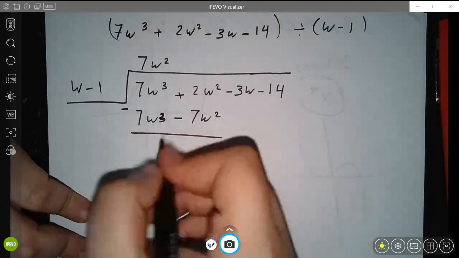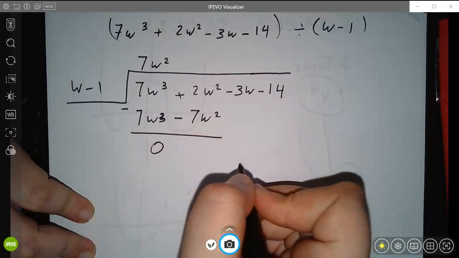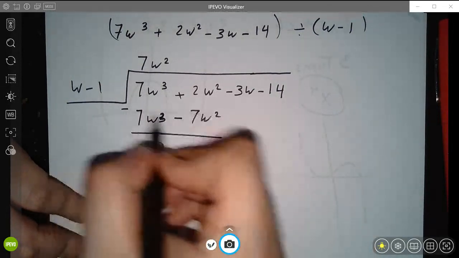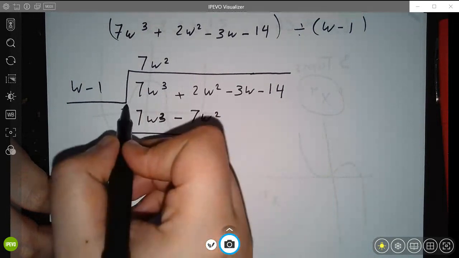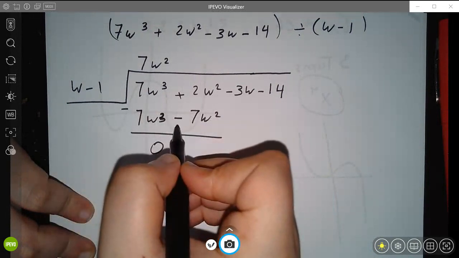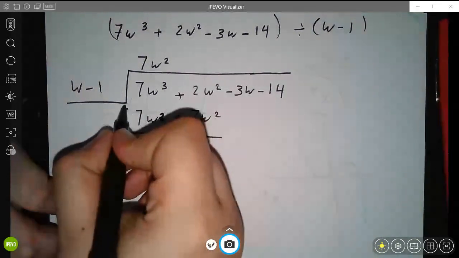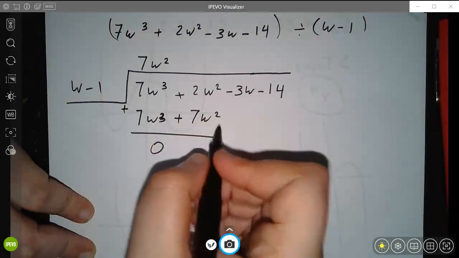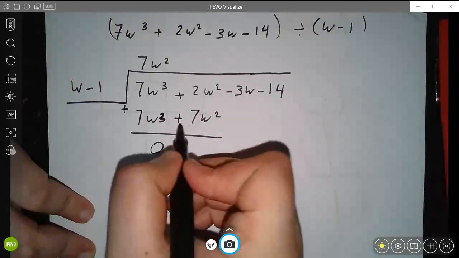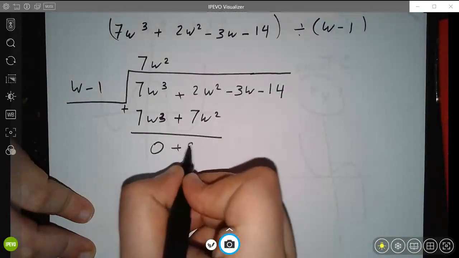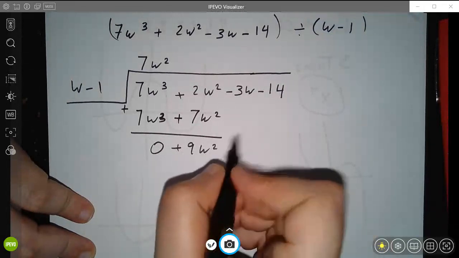These two are exactly the same, so the answer is 0. Now, this is a subtraction of a negative, so this turns positive and that turns positive. So this is going to be an addition at this point. 2w squared plus 7w squared is going to give you 9w squared.